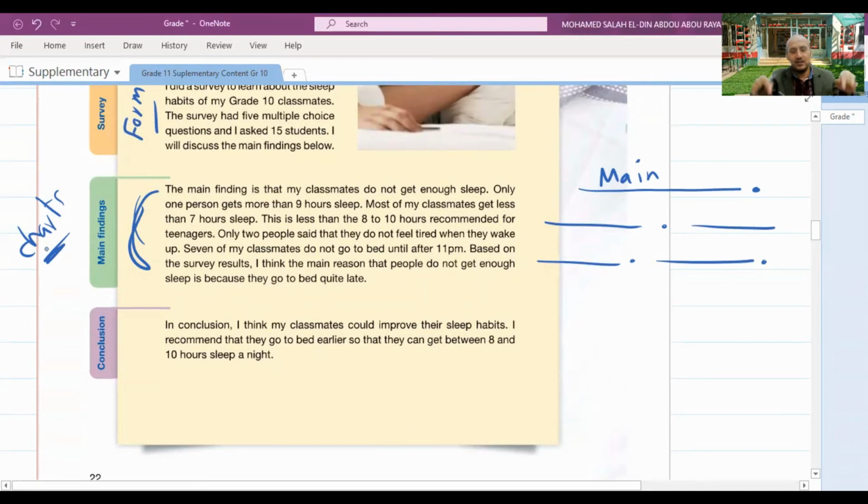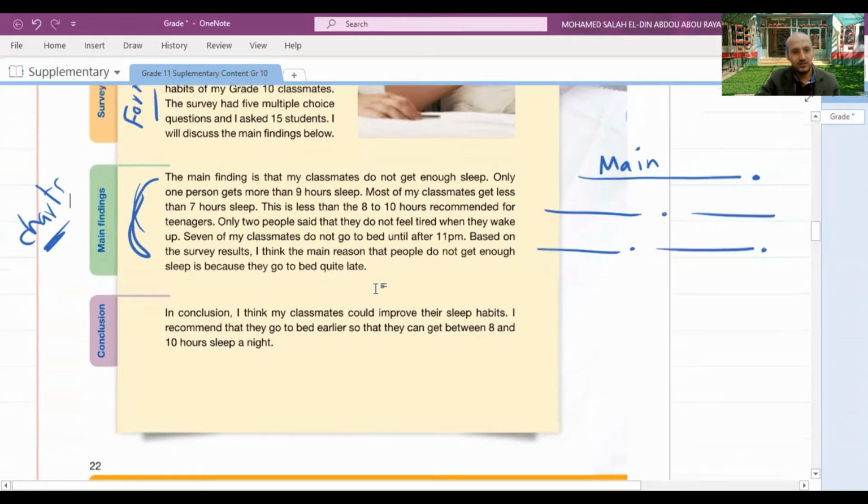The survey is in the form of questions, so from the answers you make these findings. This is less than the 8 to 10 hours recommended for teenagers. Only 2 people. So you make the details of the results.